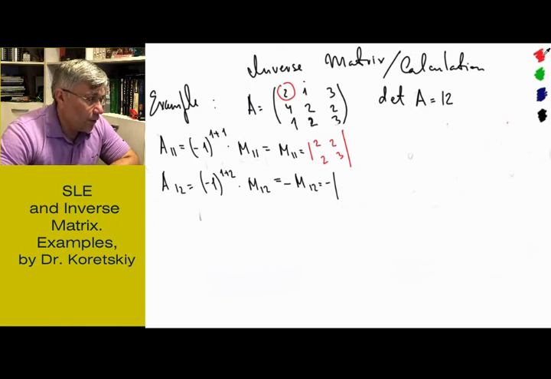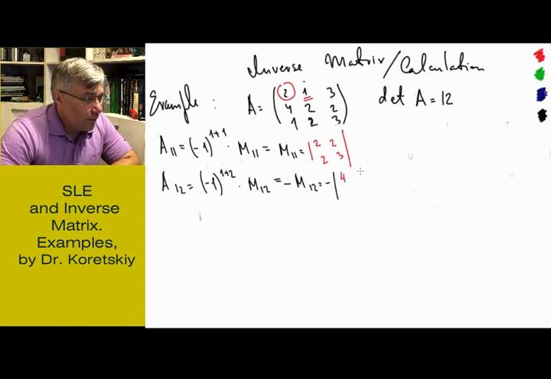So if you cut away the first row and the second column, you have here, I use this red ink, 2 2 1 3.